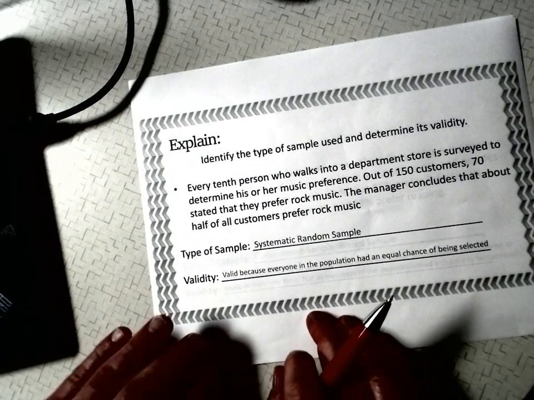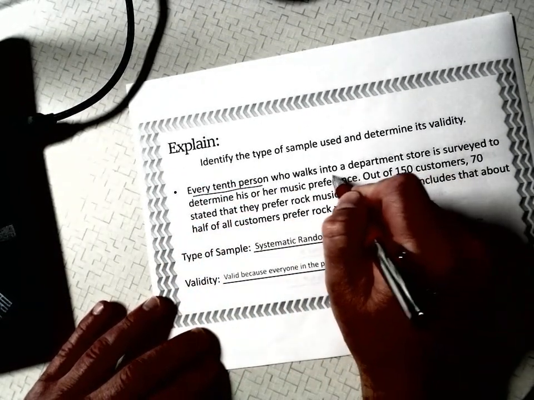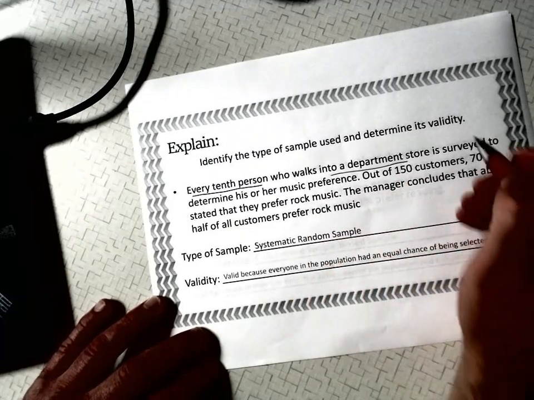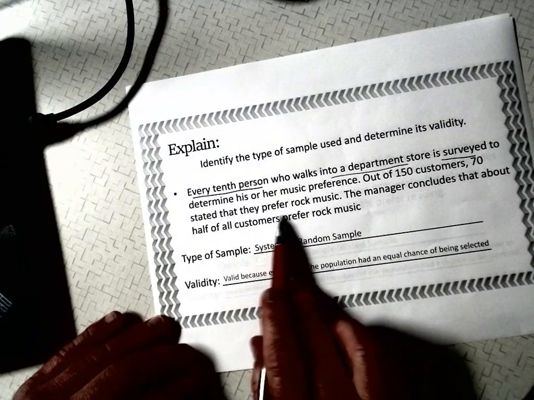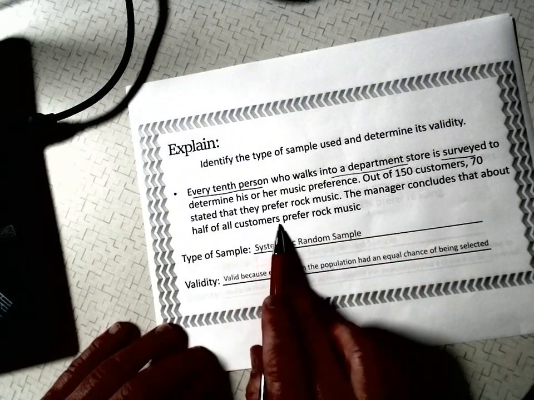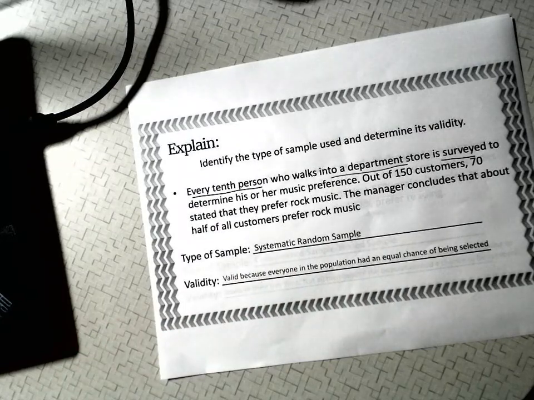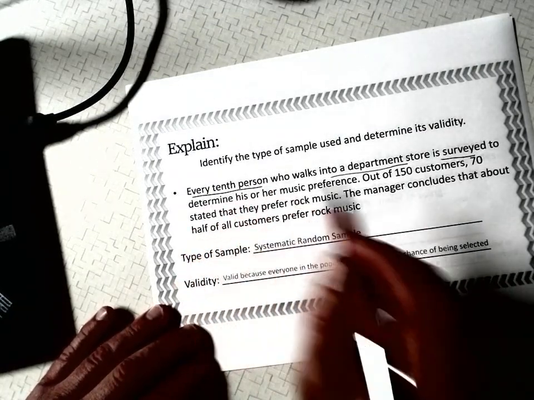Systematic. Here's the key. Every 10th person who walks into the department store is surveyed. Out of 150 customers, 70 stated they prefer rock music. The manager concludes that about half of customers would prefer rock. So that's a systematic random sample, every 10th person.